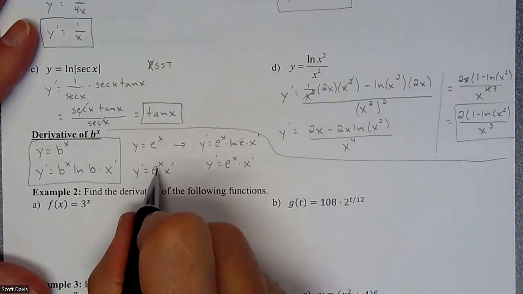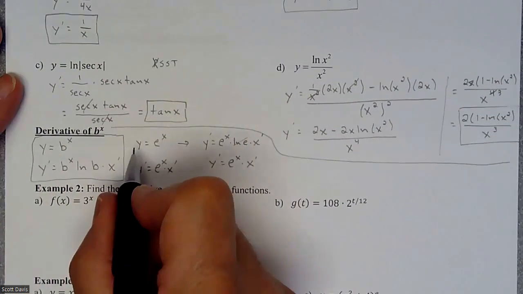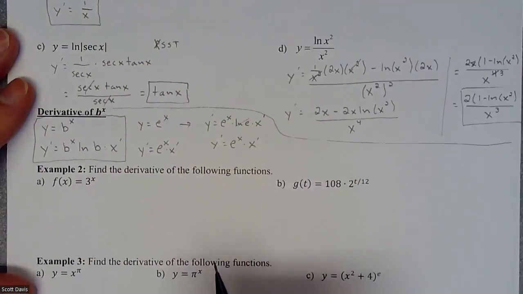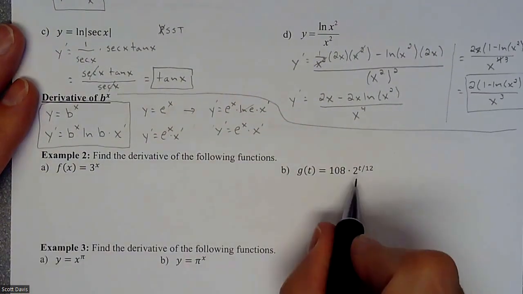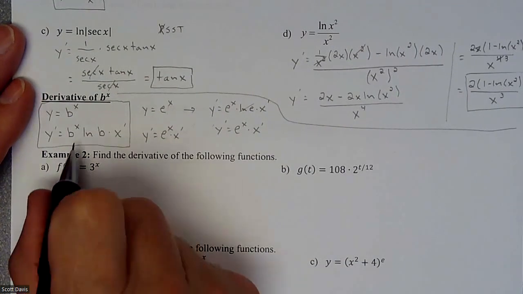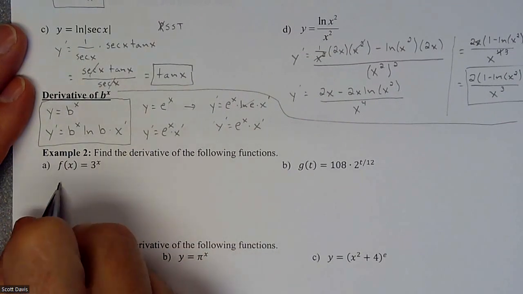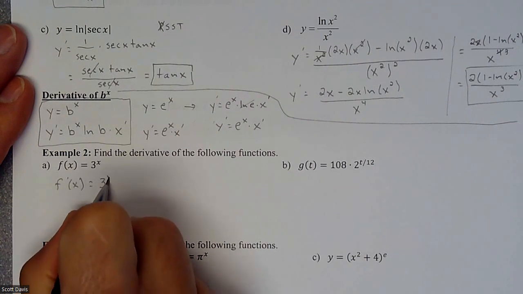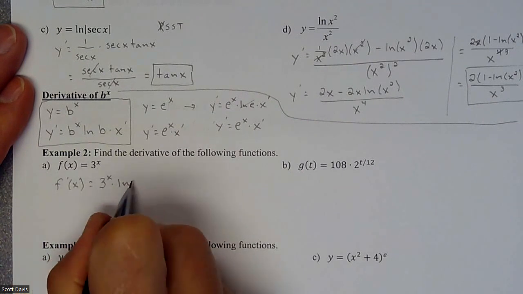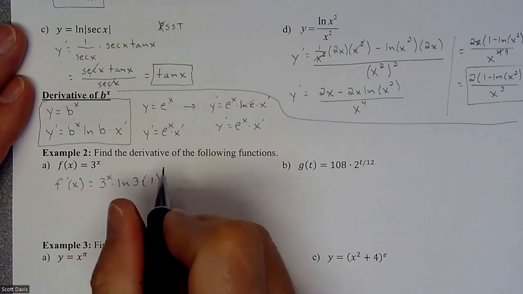So this is what we've done in the past, but really there was an extra little bit to it, which never applied only because we've only dealt with exponentials with the base of e. Now we're going to be talking about exponentials that don't have a base e. You just add that little piece and simplify whatever you can. So f prime of x is going to be itself times the natural log of the base times the derivative of the exponent, which is 1.